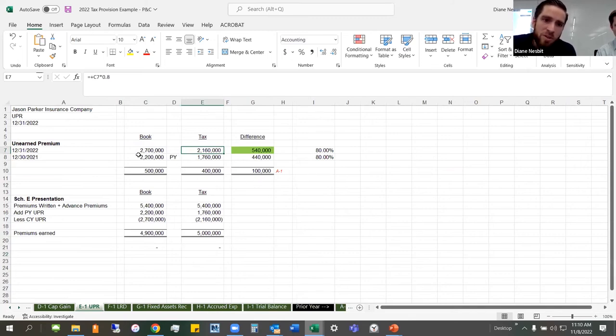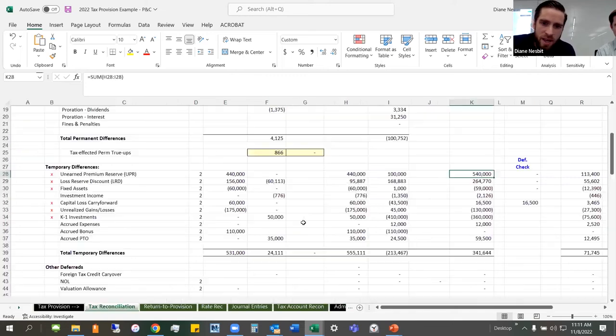So our unearned isn't 2.7 because we've recognized 20%. The unearned premiums for tax is actually 2.16, which is 80% of this. So there's this basis difference of 540,000 between the unearned premiums, and it's highlighted in green because I can tie that basis difference between the book liability and tax liability right here to this 540,000.